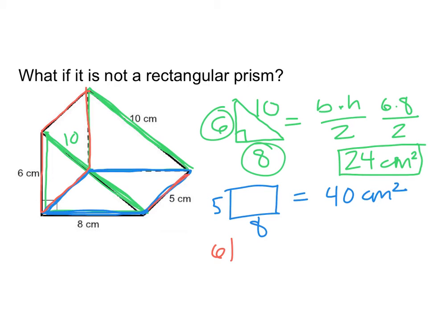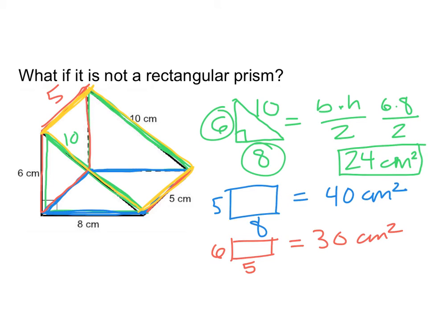And then since this side is a 5, that means this must also be a 5. So that's a 6 by 5, which would make that 30 centimeters squared. And then finally, I have this front one here, which I can see is a 5 by 10, which will make that 50 centimeters squared.